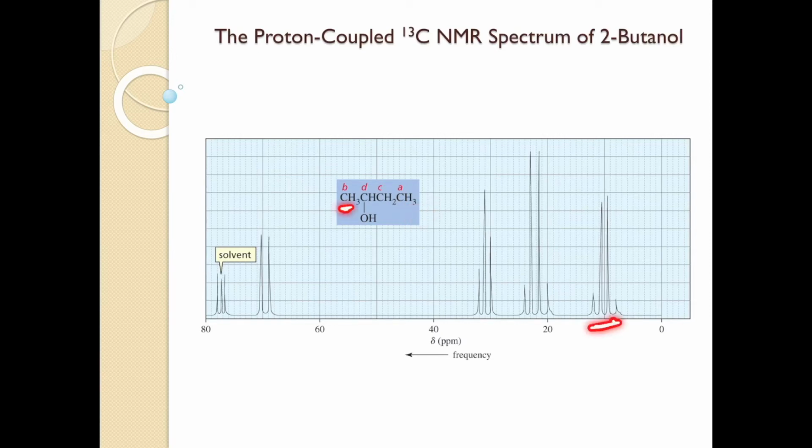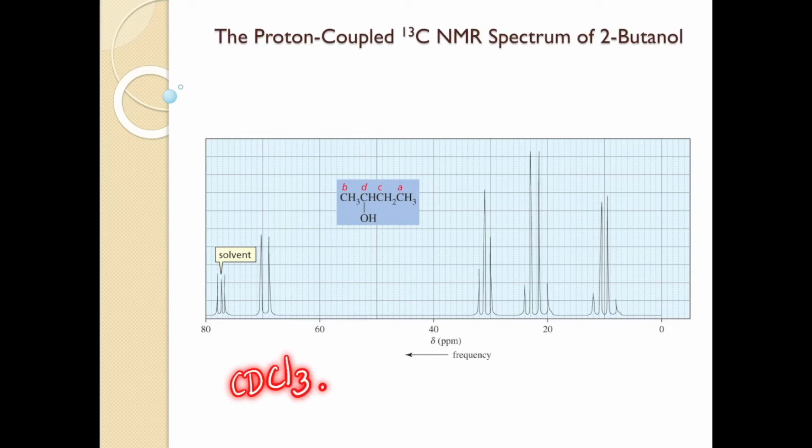Similarly, the other methyl carbon is also split as a quartet. The methylene carbon has 2 hydrogens, so 2 plus 1 gives a triplet. The methine carbon is split as a doublet, which is right here. And this peak corresponds to CDCl3.